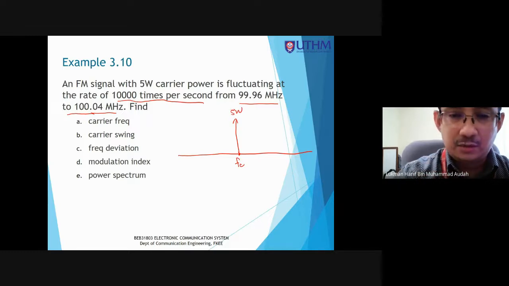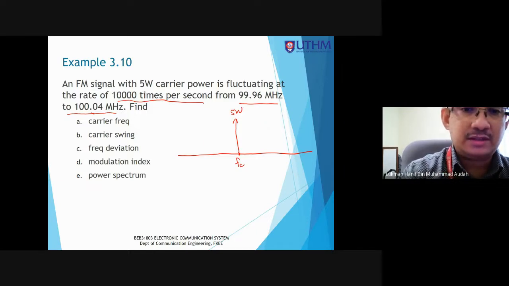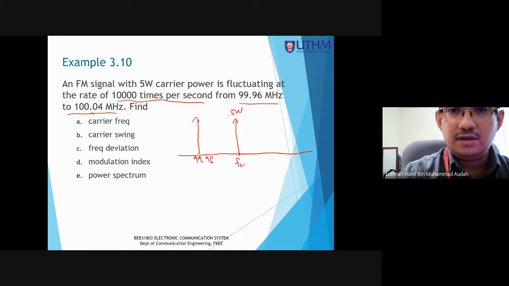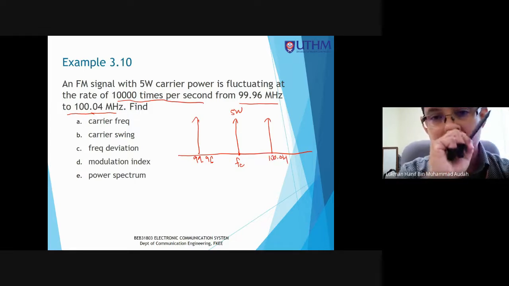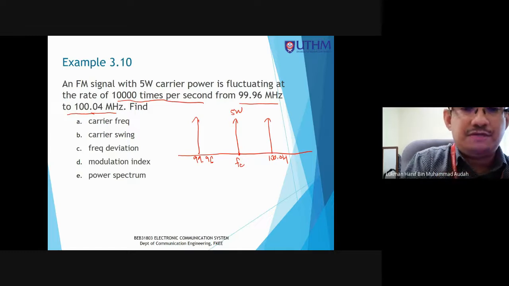So this carrier power is fluctuating from 99.96. Katalah 99.96 up to here, which is 100.04 megahertz.